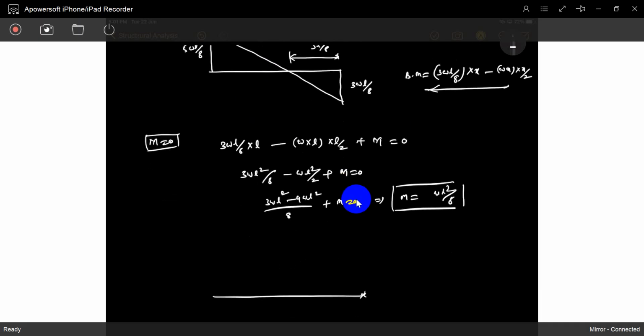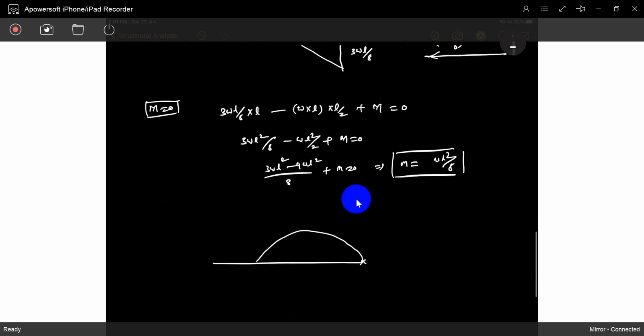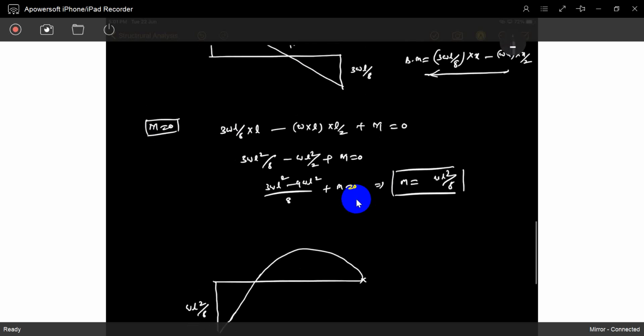It will go increasing, and suddenly it will go like this. This is WL squared by 8.